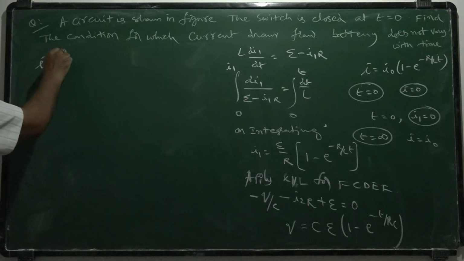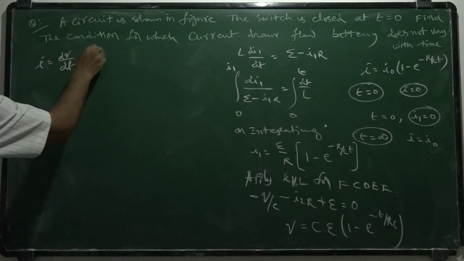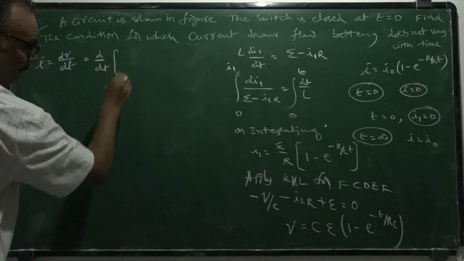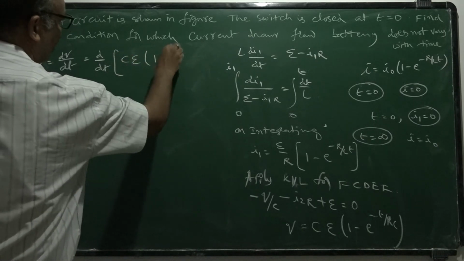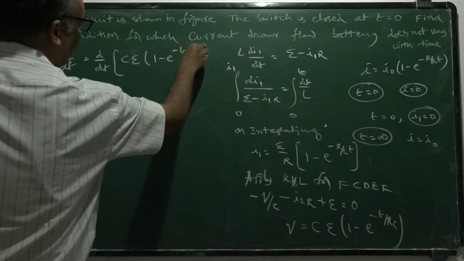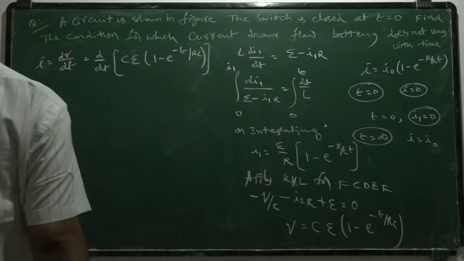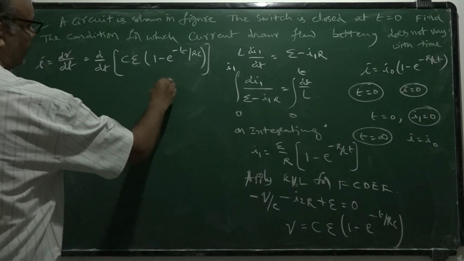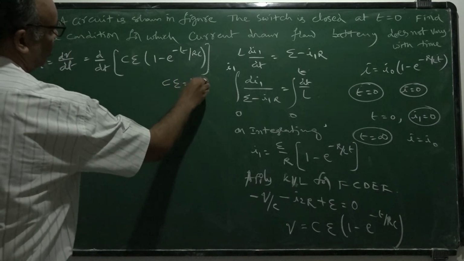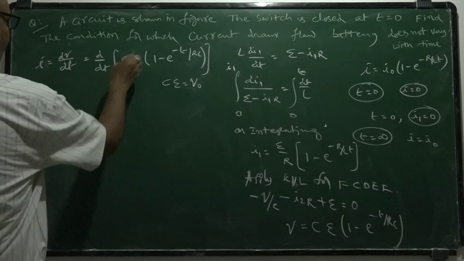Current can be written as dq by dt, d by dt of the Q value CE into 1 minus e power minus t by RC. CE is nothing but the maximum charge that can be stored, Q naught, so its derivative is 0.